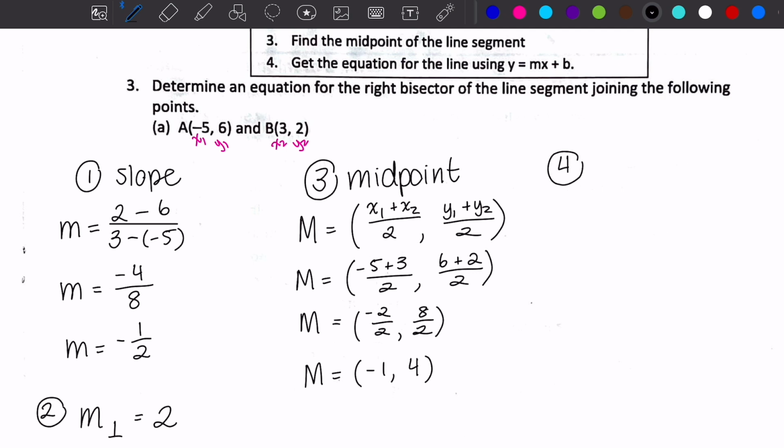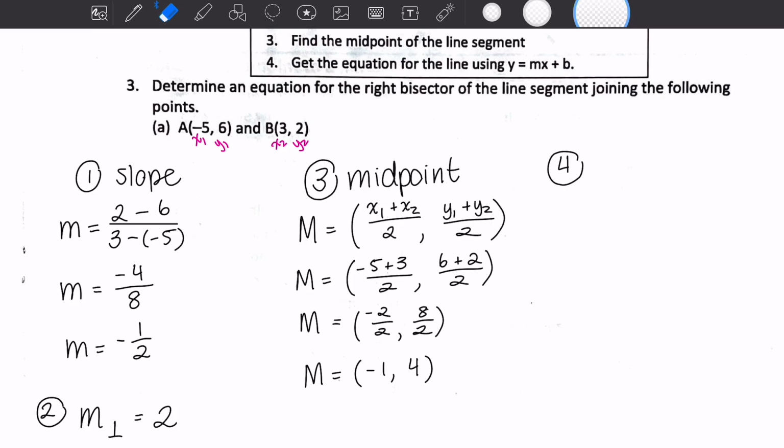All right. Is that okay so far? Steps 1 to 3. That's okay? The last step is where we actually say what the equation of the line is. Before, we were using A or B to find the b value, our y-intercept. But for a right bisector, it specifically has to go through the midpoint.